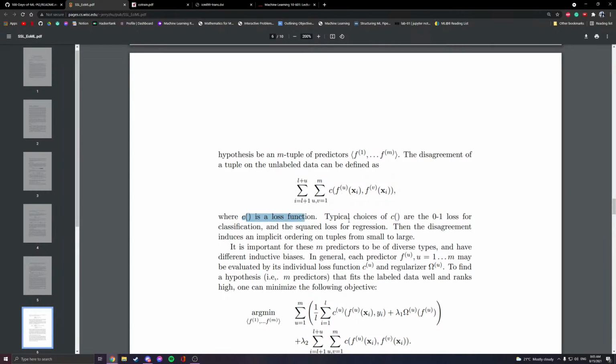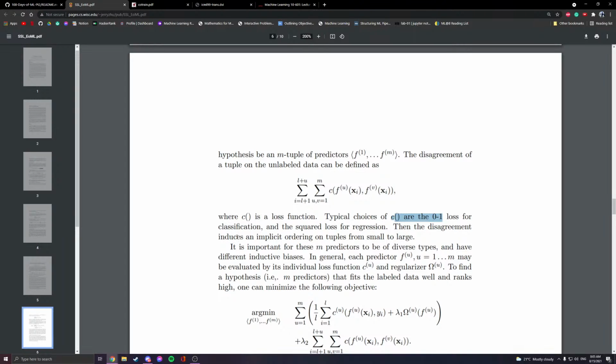C is a loss function, so we're taking the loss of f_u and f_v, which could be defined as 1 to m, however many predictors we have, and x_i, both the same inputs. Typical choices of C are the 1-0 loss for classification and the squared loss for regression.